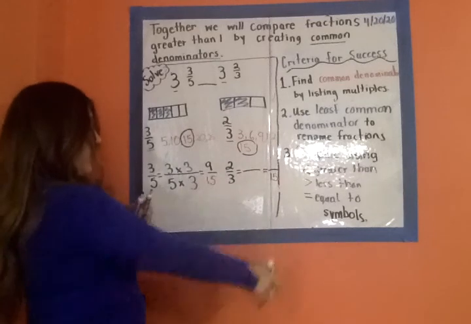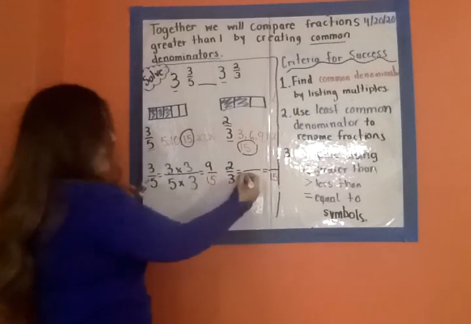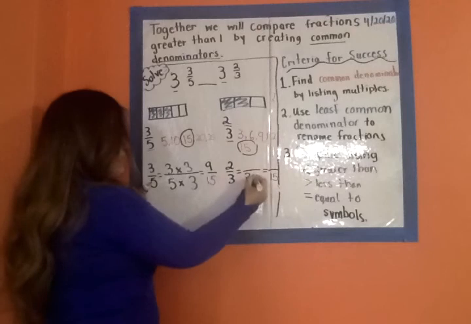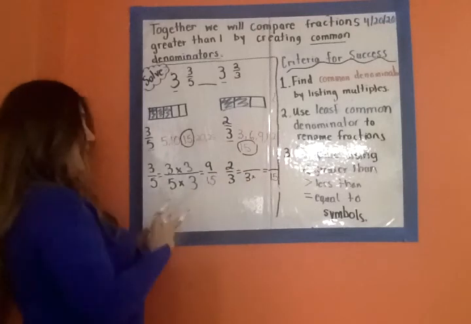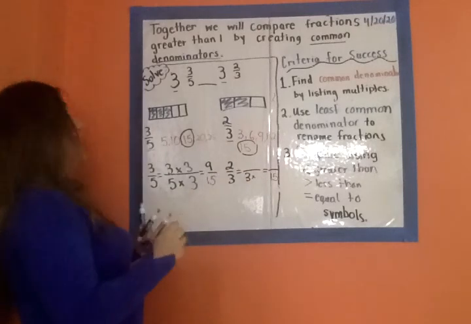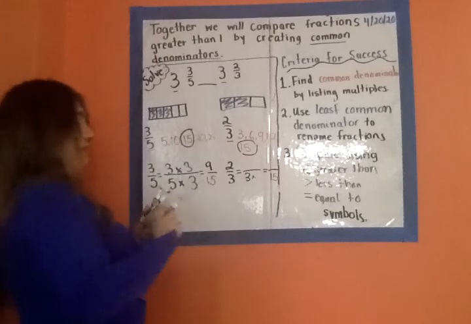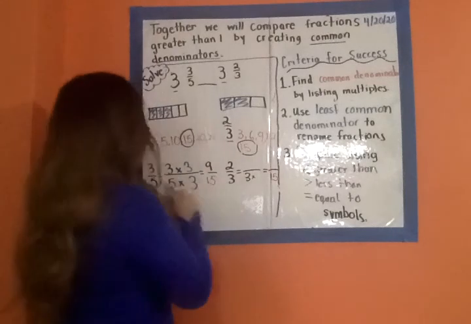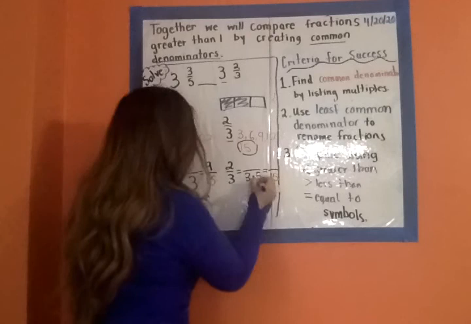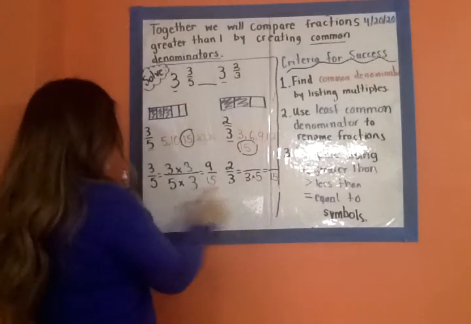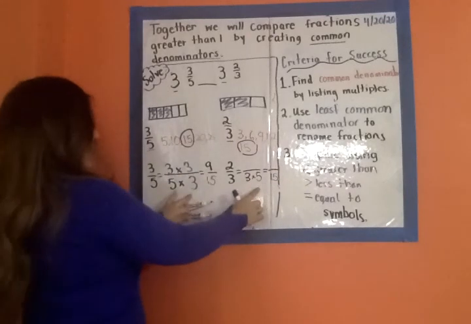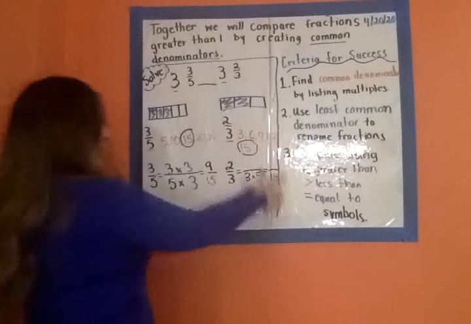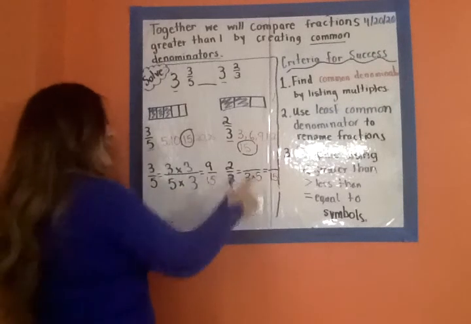Let's move on. Let's do the same work. Think to yourself, what must I multiply the numerator by? In this case, I got 15, right? And so it should be 5. Now notice that these two numbers don't have to be the same. My objective is to get a common denominator.